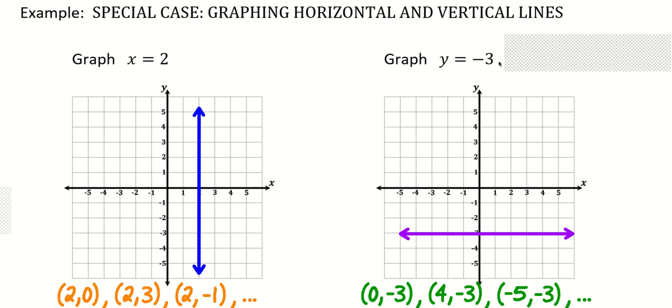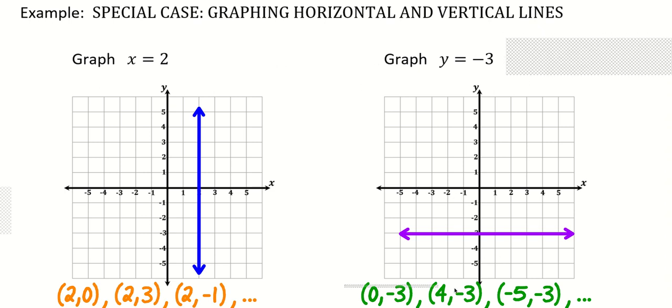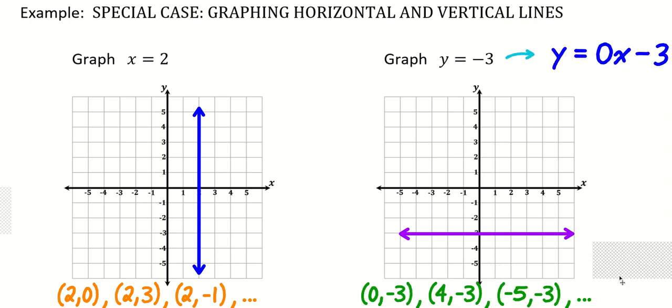Now, check this out. For this one, you can just go with the solutions approach. But fun fact, technically, this equation does fit the mold of y equals mx plus b. It would just be 0x, would it not?